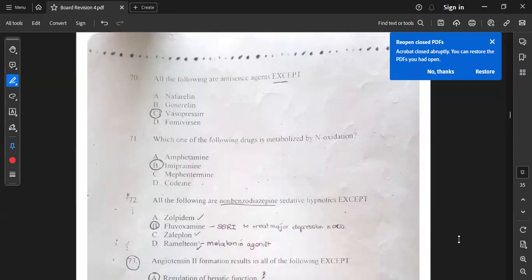They bind to messenger RNA to reduce the amount of pathogenic proteins. So antisense agents interfere with expression of specific genes, and vasopressin does not. All the others involve some genomic action in their mechanism, but for vasopressin there is no genomic action involved.